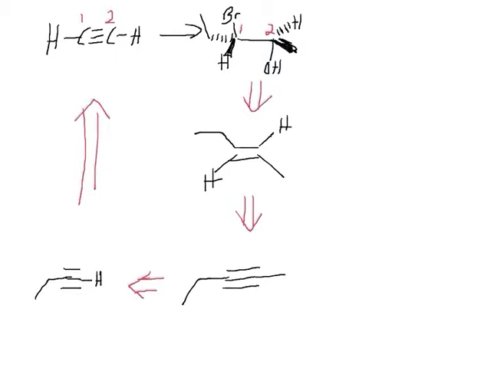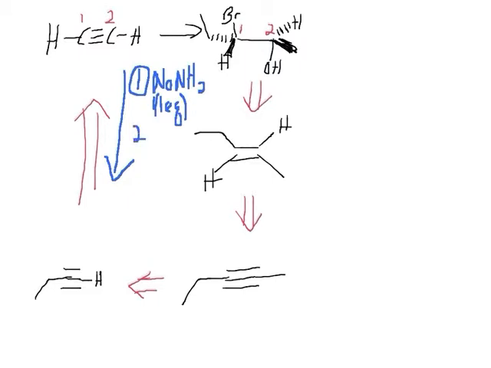Okay, so now let's look at the forward synthesis. Now we're going this direction. What's our first set of reagents we're going to need to form this carbon-carbon bond? NaNH2, one equivalent, because we only want to add carbons on one side. And what should our electrophile be?